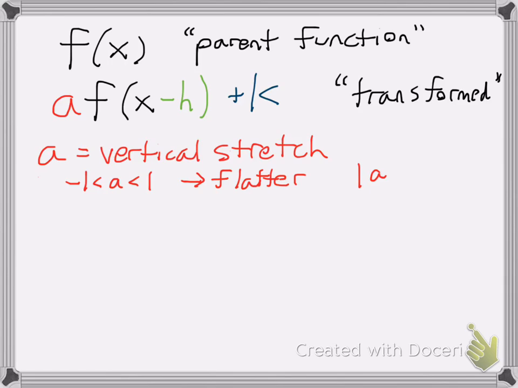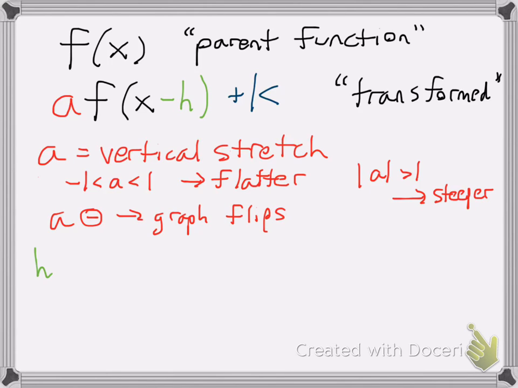And we also saw that when the absolute value of a was bigger than 1, that's going to make our whole graph steeper. So we're talking about the slope here. And we also saw that if a is negative, that means our whole graph is going to flip upside down, right? Because all the y values then become negative.